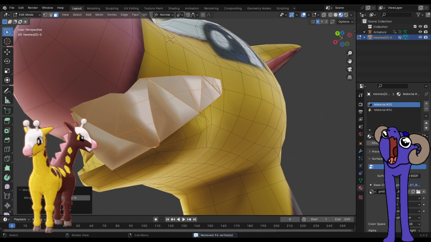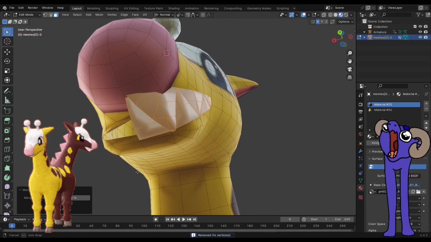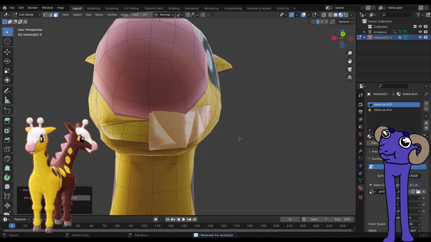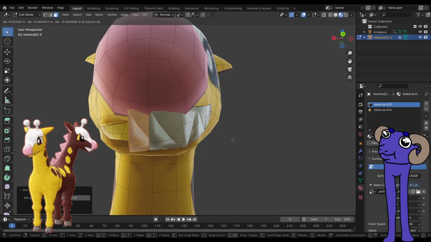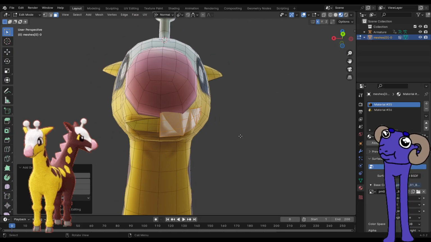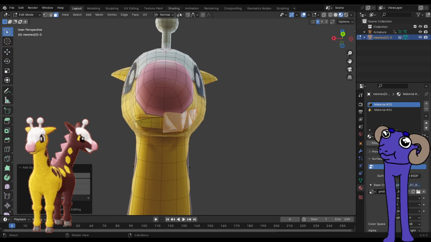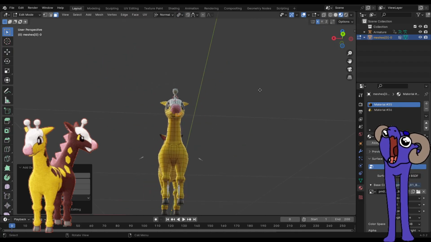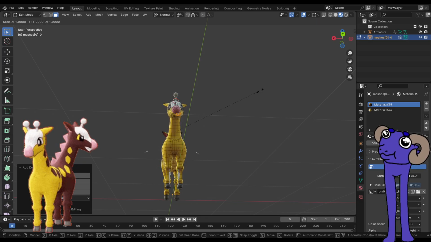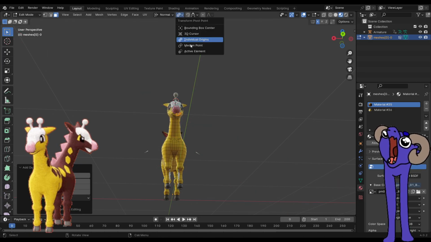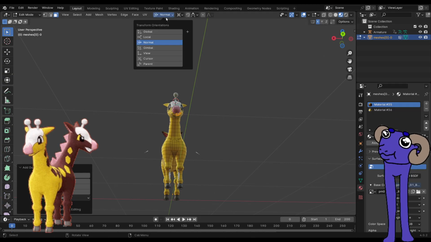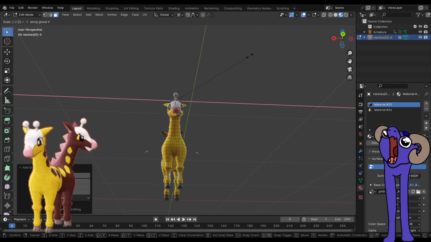Okay, so if we merge by distance, and then duplicate over here. Scale by X. Oh, no. Scale by X at -1.